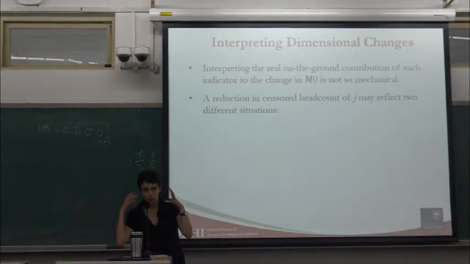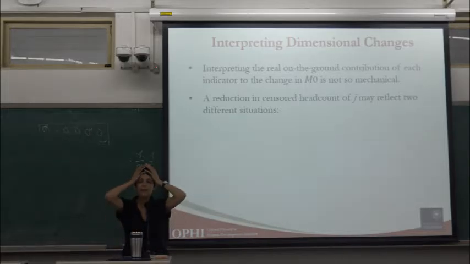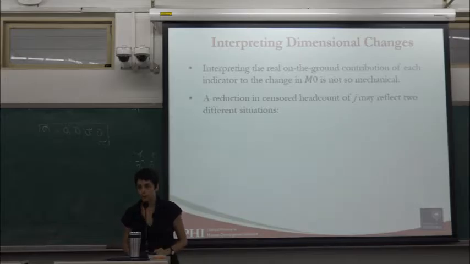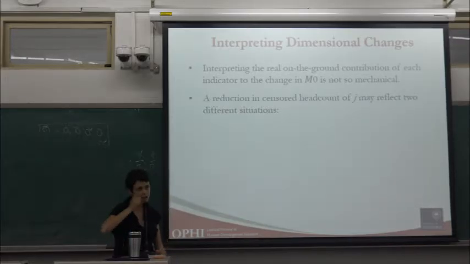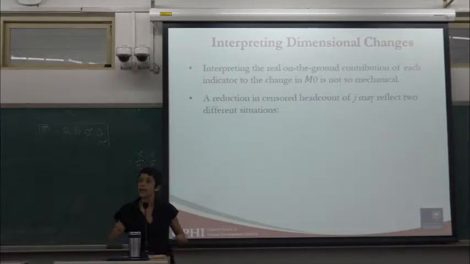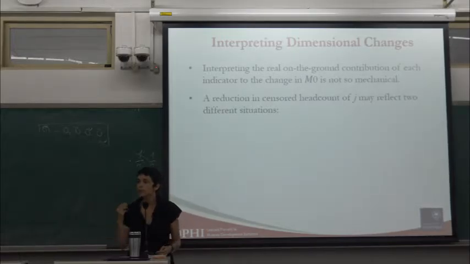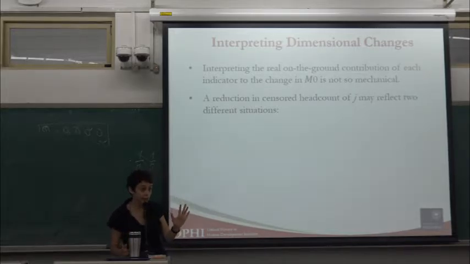But now there is another issue. What does that mean? I said that nutrition was the thing that contributed most to reducing poverty. You would feel tempted to say, oh, the government has invested heavily in nutrition, so now the deprivations in nutrition went really down. And actually it might be the case here. But saying it's the biggest contribution would come as an immediate conclusion, and you have to be careful.